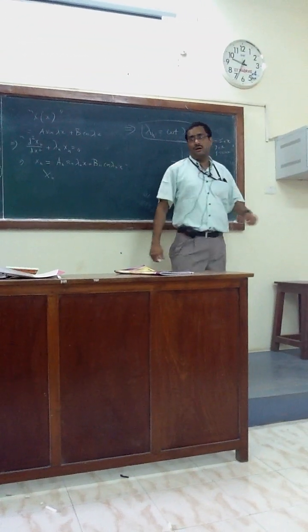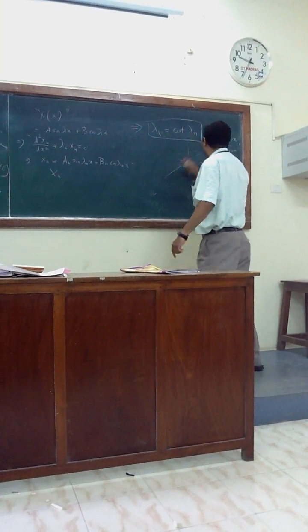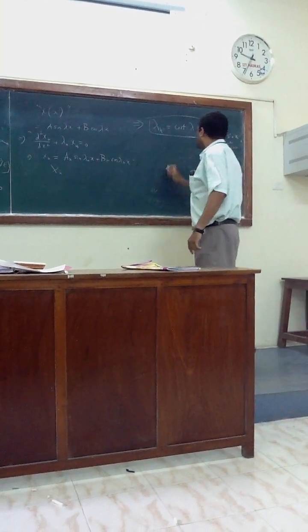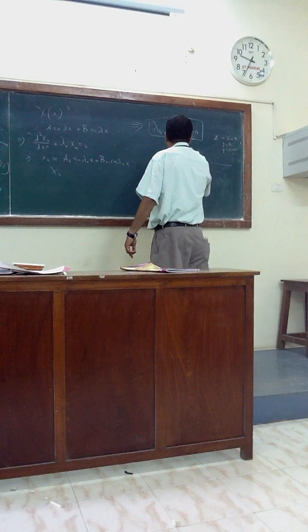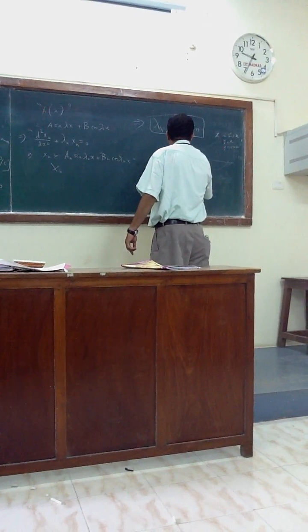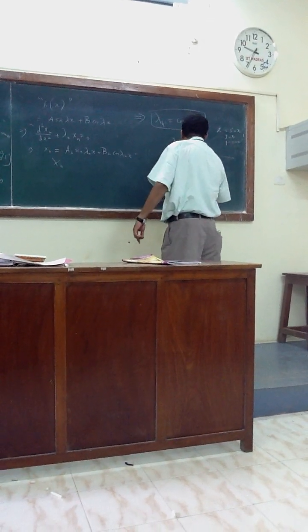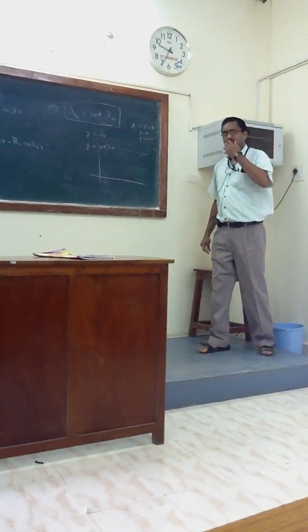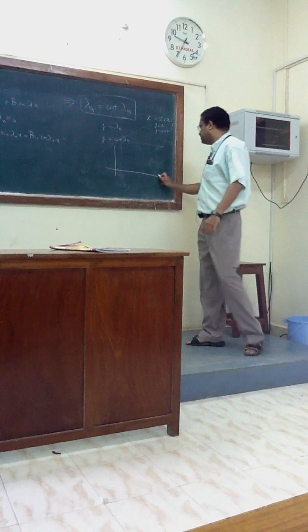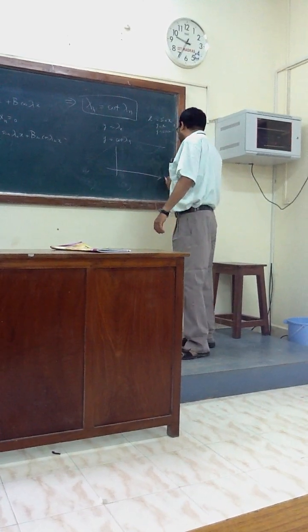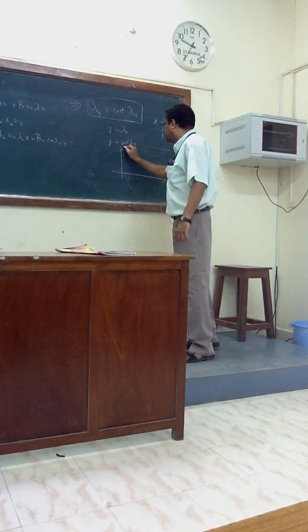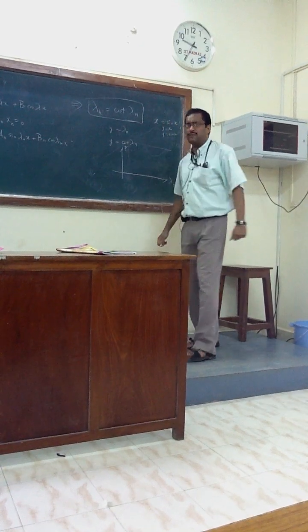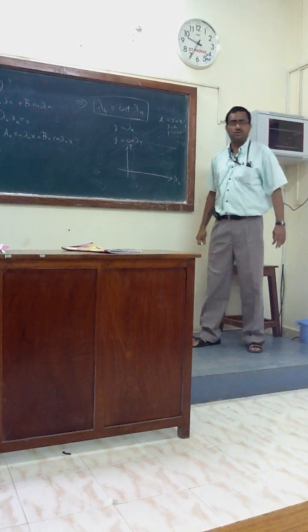Right? Then what is the solution for lambda n equals cot lambda n? You can write y equals lambda n and y equals cot lambda n. What will be the x-axis then? Your x-axis will be lambda n, and this is your y. How does the cot lambda n graph look? Do you remember?